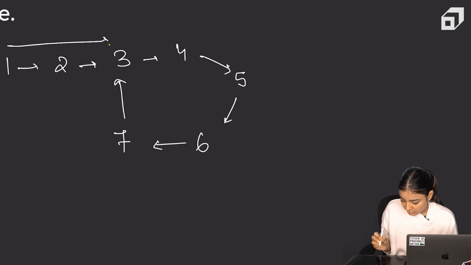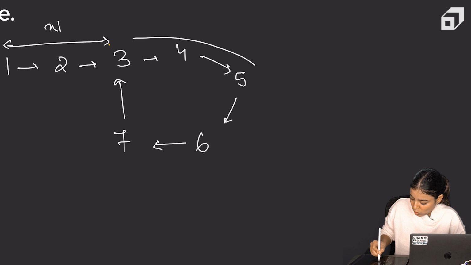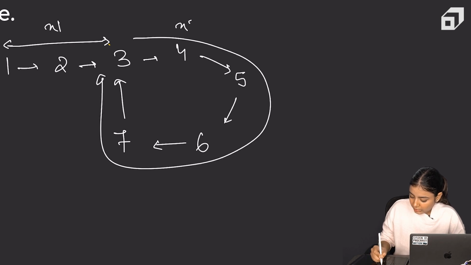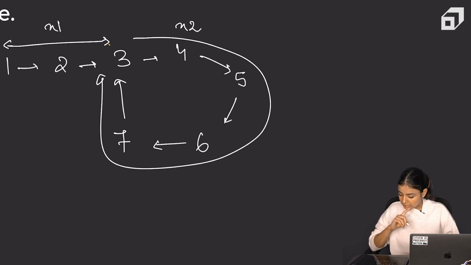Let's first take the distance from the head to the point where the cycle starts as x1, and x2 is the length of the rest of the linked list. So basically this means that x2 is the length of the cycle that is being created in my linked list. And one more thing, the point where our slow and fast pointers were meeting, at 6.